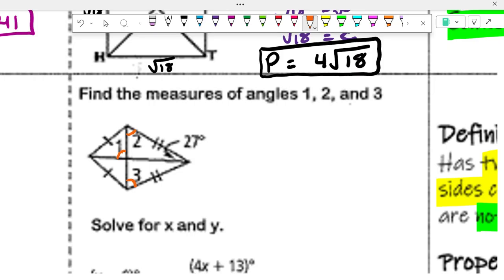Now, which one do you think will be the easiest to start at? It's definitely 1, because we should already know what that angle measure is. It's 90 degrees. Why? The diagonals are perpendicular.